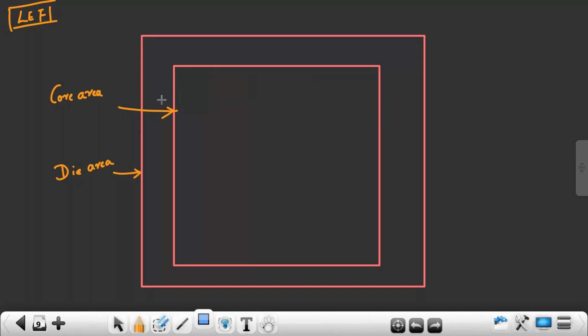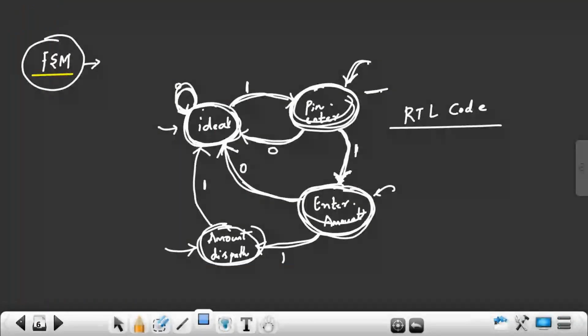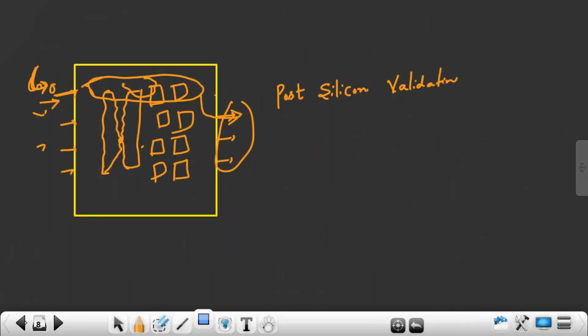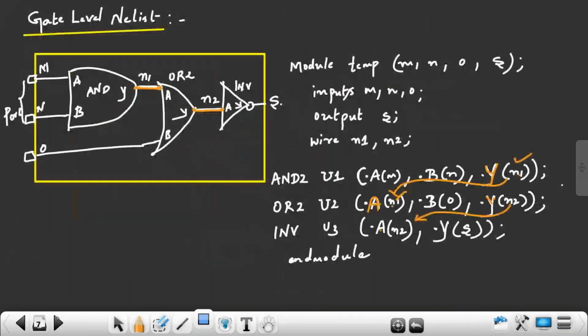But what is the first step? Create this core area and die area. You have to create this core area in such a way that it is going to occupy all the cells present in the netlist. So you have to plan that. Here I have 3 cells. You imagine you are having 25 lakhs cells.